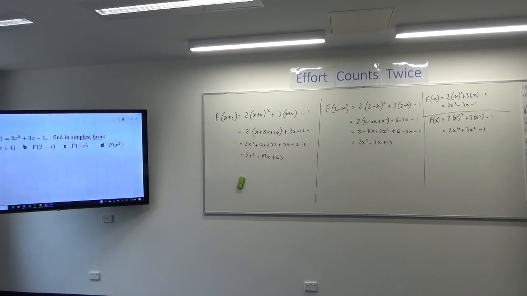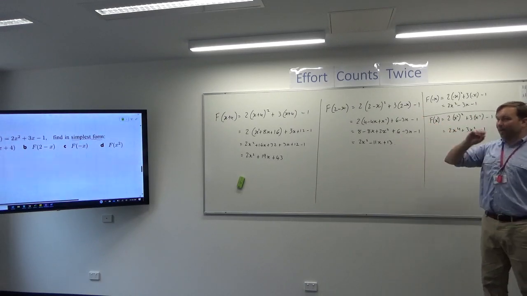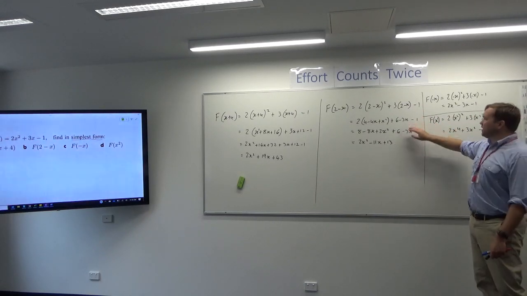So there's a concept of play here called cognitive overload. Basically, cognitive overload is the idea that you're trying to hold too much stuff in your head. The reason we write things out in maths is so we don't have to hold it in your head. So I'm not expecting any of you to go from this top line to the bottom line in one. Put in working lines.